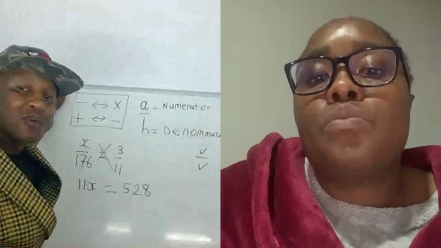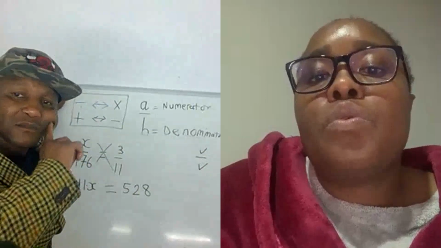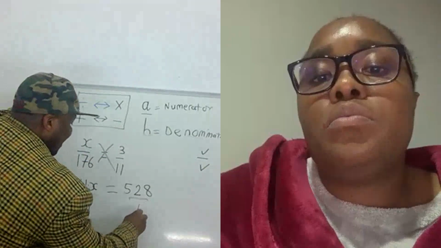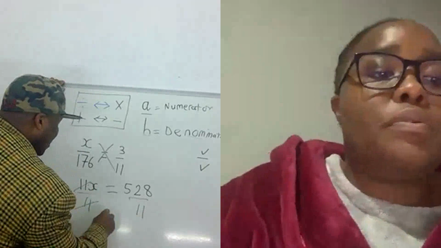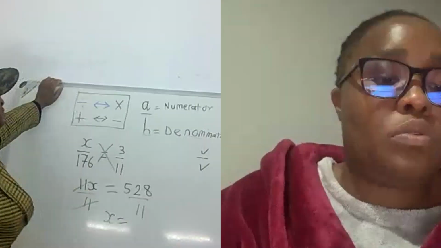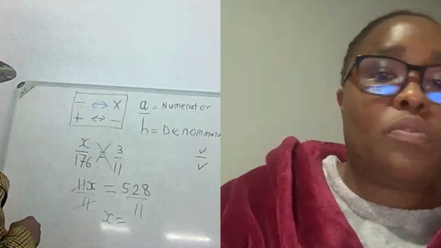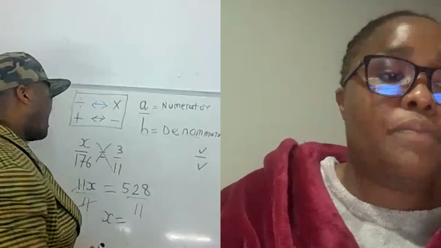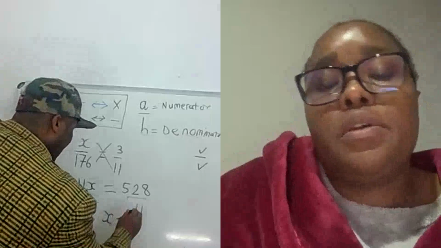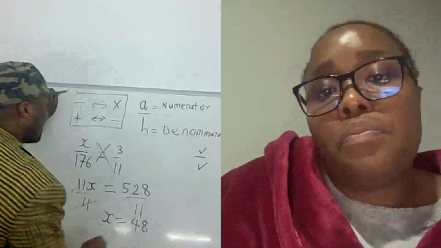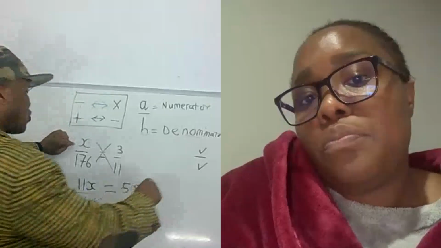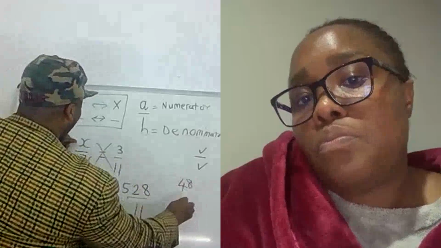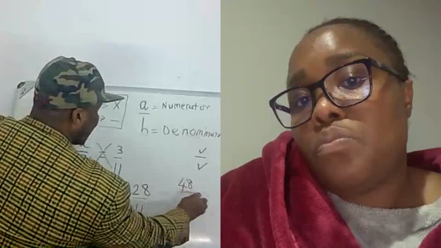If it is multiplication, we need to divide by 11 on both sides. x equals 528 divided by 11, so it's going to be 48. So this fraction becomes 48 over 176.